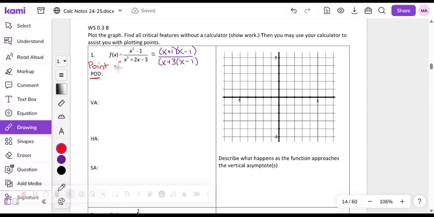Basically, that's like one point on our graph that's not there. So that will occur when we have a repeating factor in our numerator and our denominator. So on this particular problem, we have x minus 3 over x minus 3. That's a dead giveaway that we're going to have a point of discontinuity.